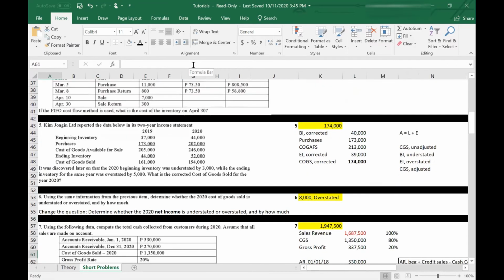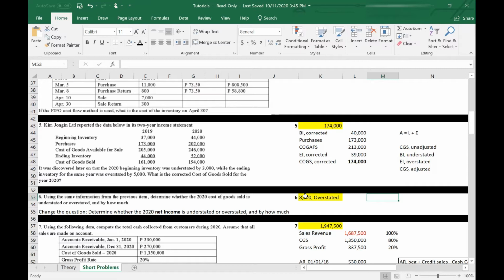Number 6, using the same information from the previous item, determine whether the 2020 cost of goods sold is understated or overstated and by how much. So how do we compute for that? The problem says that the 2019 ending inventory was overstated by 5,000.